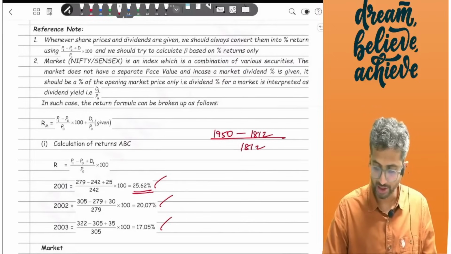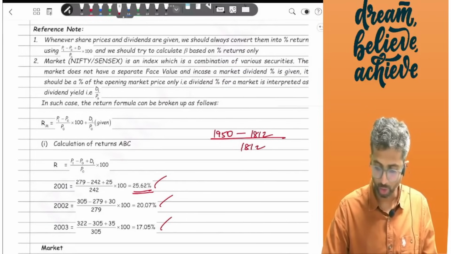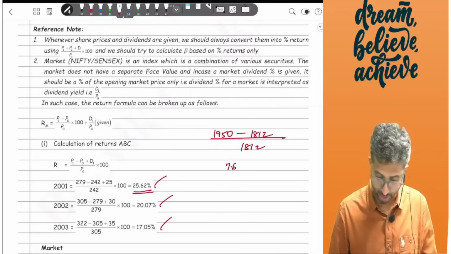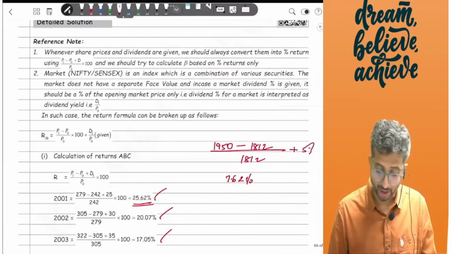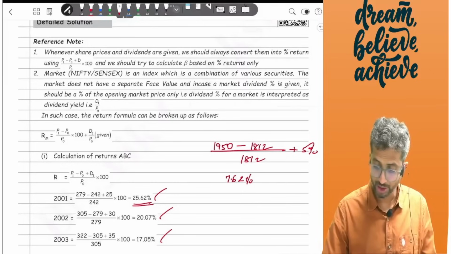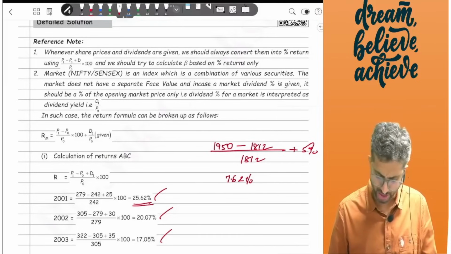So 1950 minus 1812 upon 1812. This will give you the capital appreciation of 7.62%. Now this is a percentage of price. To that you will add the dividend percentage that was obtained, which is also a percentage of price, and hence this will be 7.62 plus 5% and hence 12.61 or 62 as the case may be.